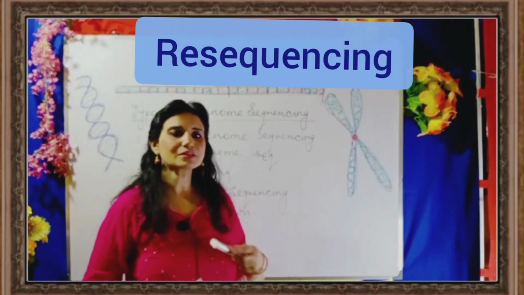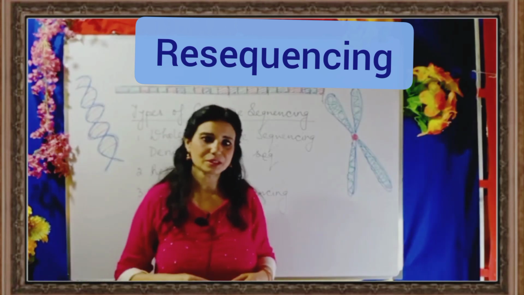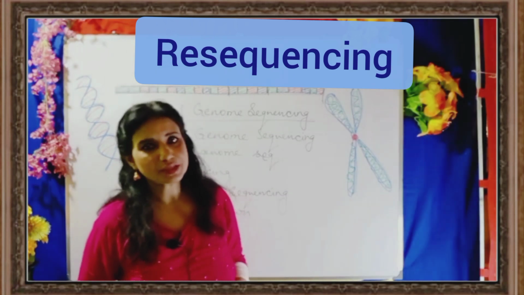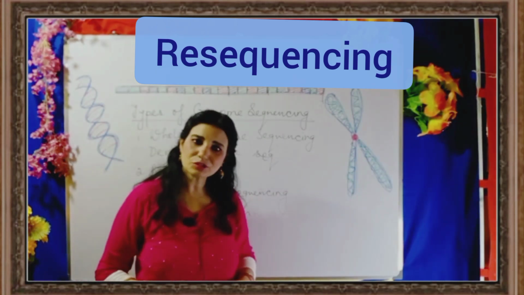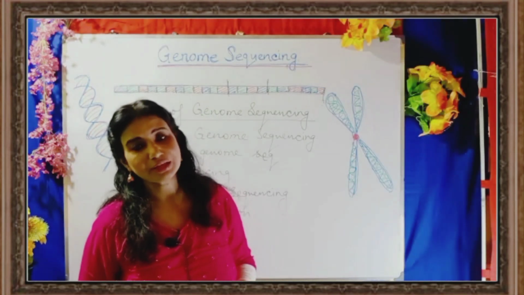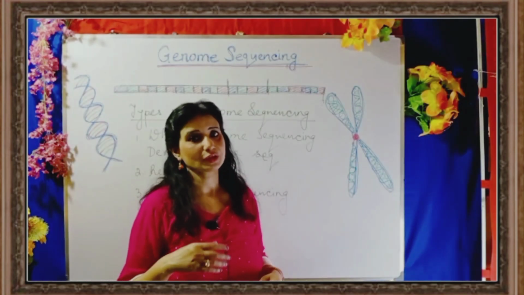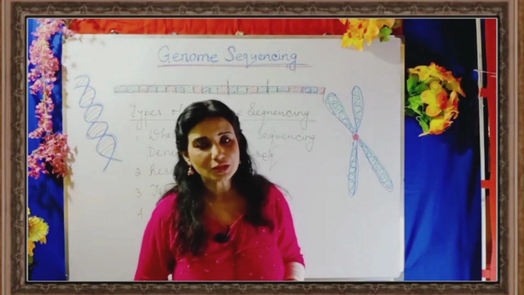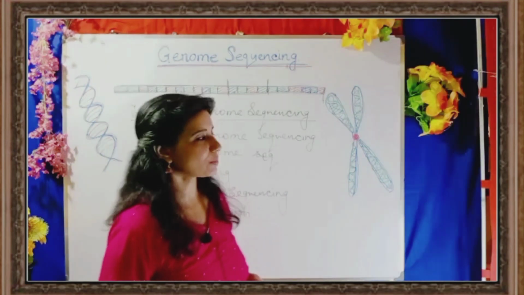Resequencing means once this genome was sequenced, then again we had to assemble it, and this time with the help of a reference genome, which is used as a template, and it is being used in the case of human genes and the human genome. So this has been practiced as resequencing.